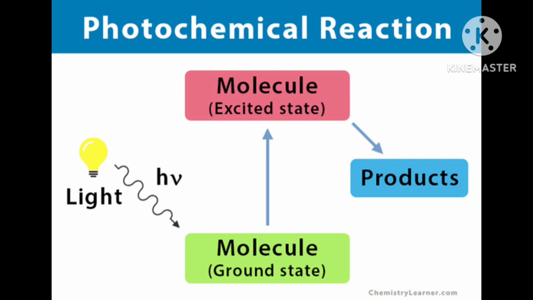Now the next example of a photochemical reaction: the photochemical production of artemisinin. What is this? Artemisinin, A-R-T-E-M-I-S-I-N-I-N.